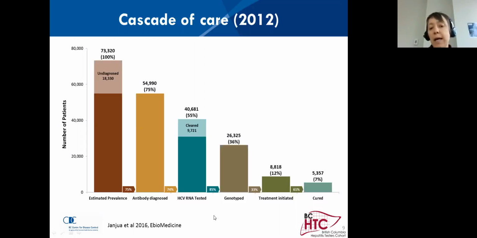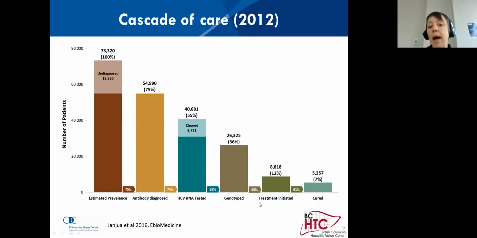Of those people that were RNA positive, so the virus was still detected as active in their body, about 85% proceeded to get genotyped, to know what type of virus they have, which is necessary to provide treatment. And then of the people who were genotyped, only 33% initiated treatment.